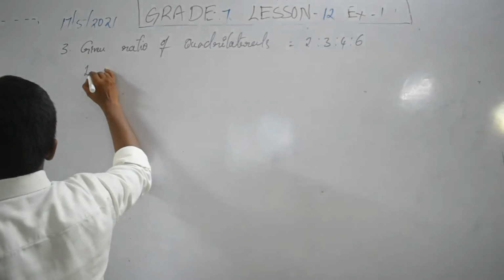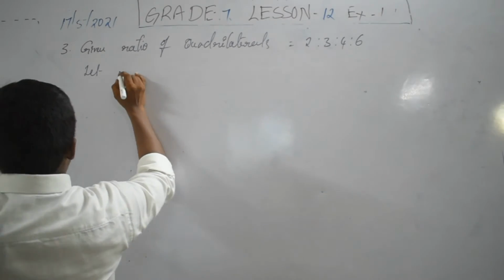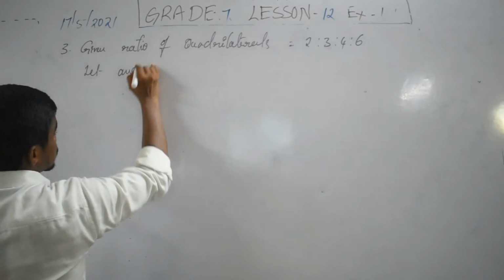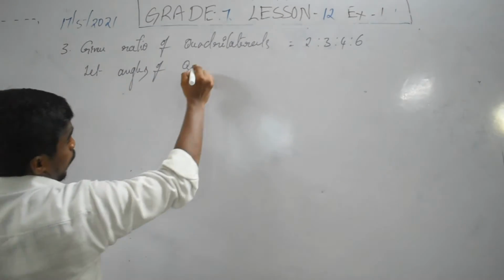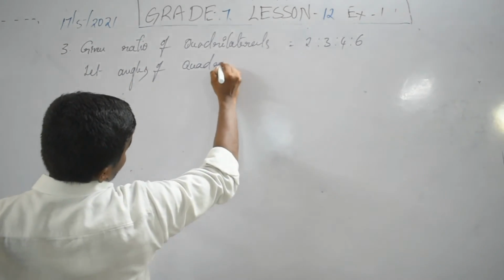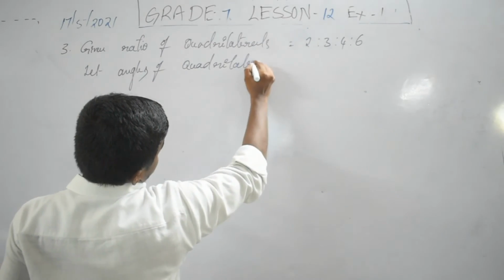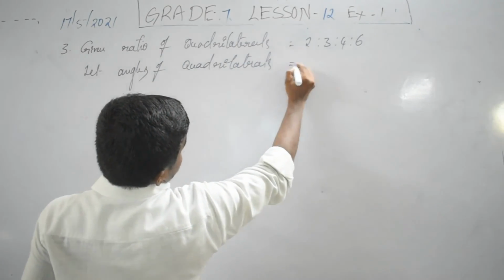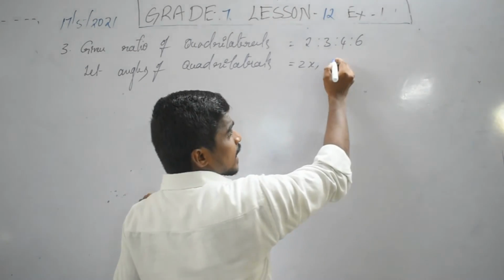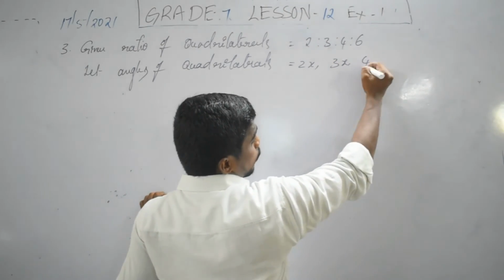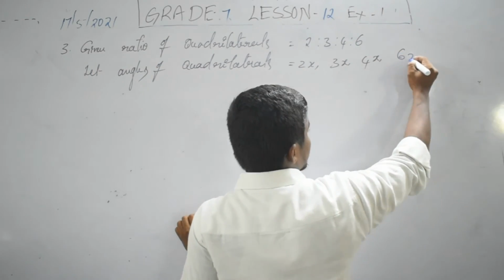Let the angles of the quadrilateral be 2x, 3x, 4x, 6x.